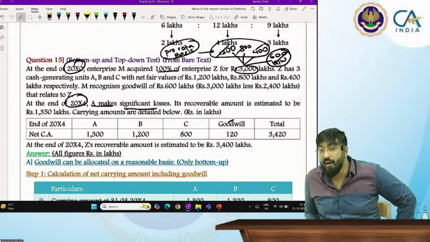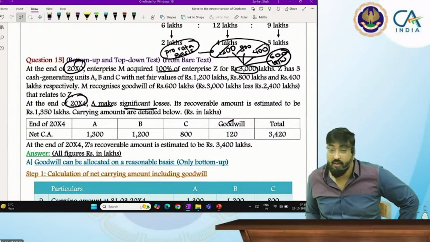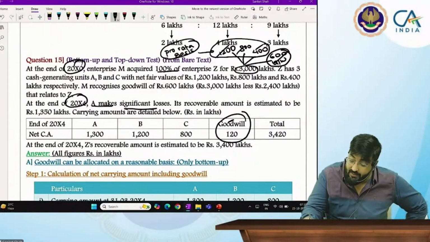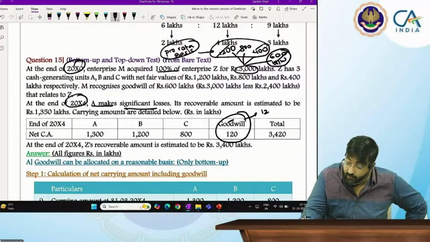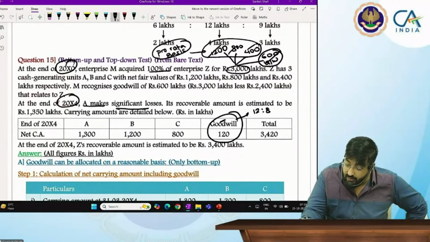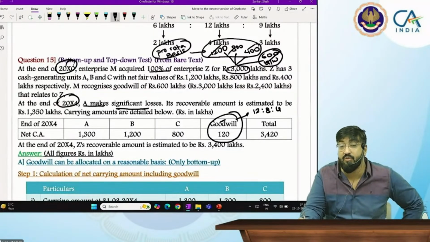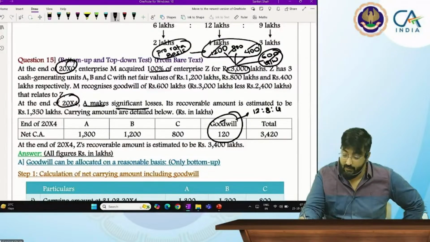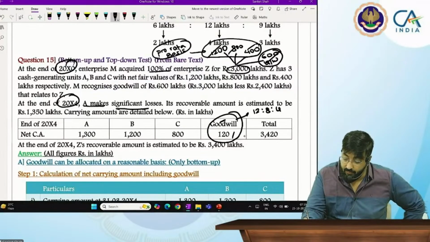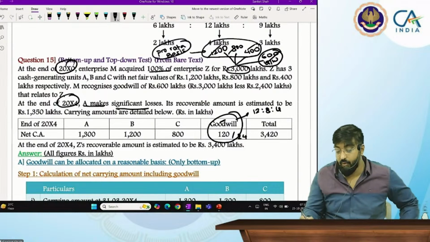Can I divide this goodwill over 3 CGUs? Say yes or no. Yes, sir. What is the reasonable basis? Can I call fair value 1200 is to 800 is to 400 a reasonable basis to divide it? Yes, sir. What is the total? 2400. What is the shortcut?